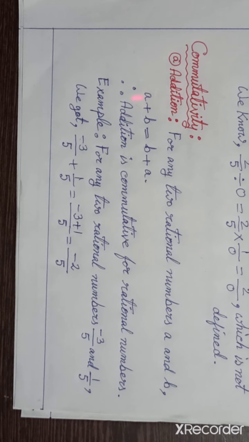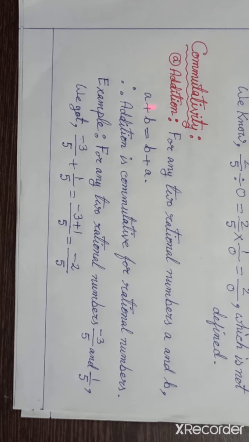Here we note that a plus b is equal to b plus a. In this a plus b, a is written first and b is written second. If the order is changed, then b comes first and a second. So the order of a and b is interchanged and we are adding together.